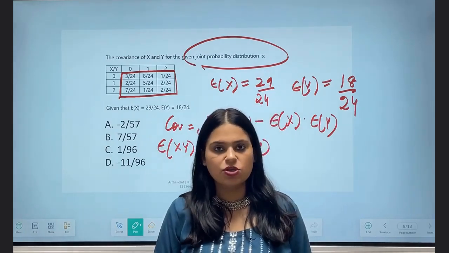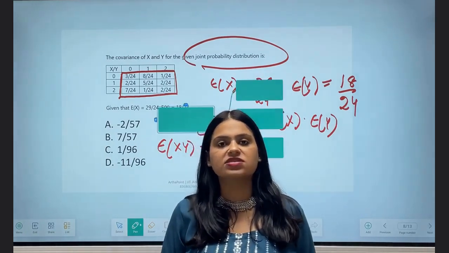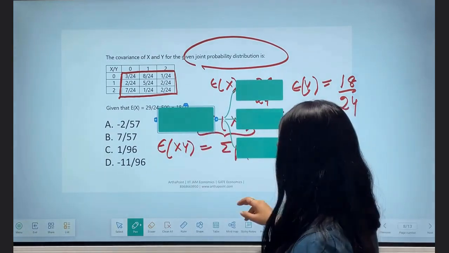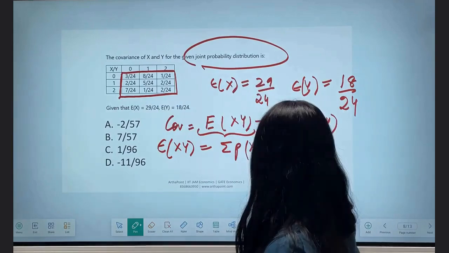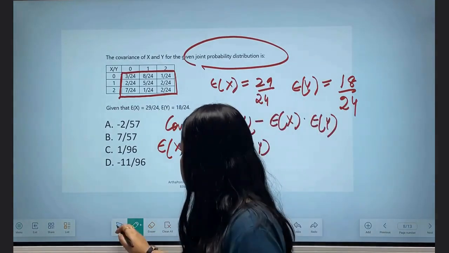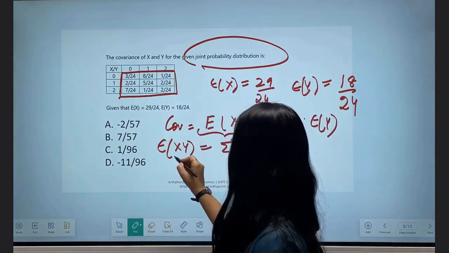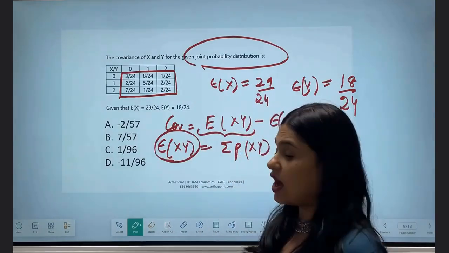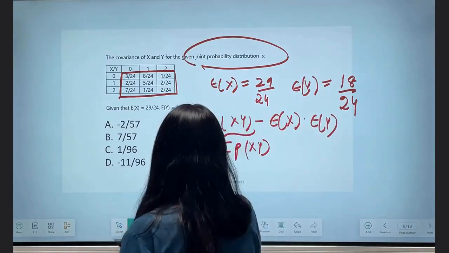Clear हुई ये बात एकदम? So summation P into xy. Okay. So beta, in this case, if I have to find out E of xy, what will that be? ध्यान से देखना, हाँ? Look very very carefully.